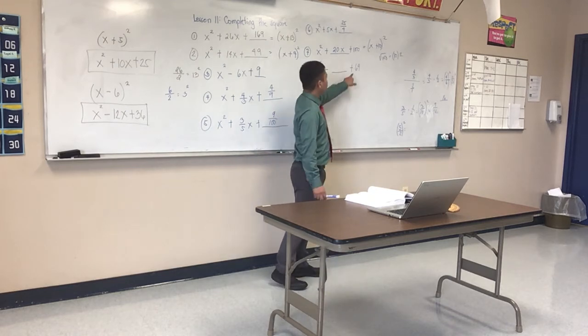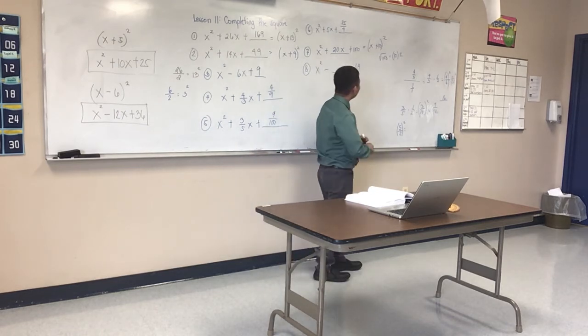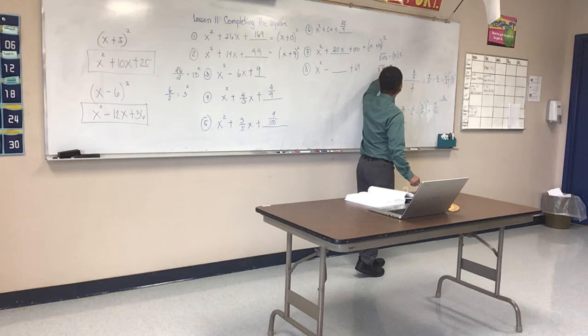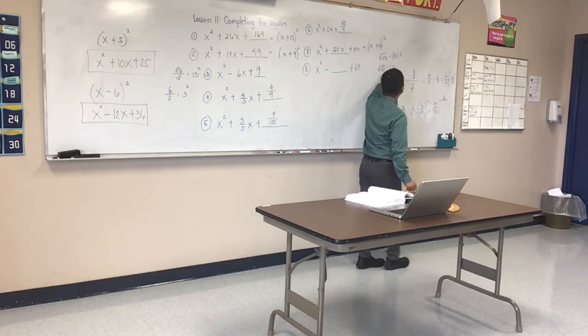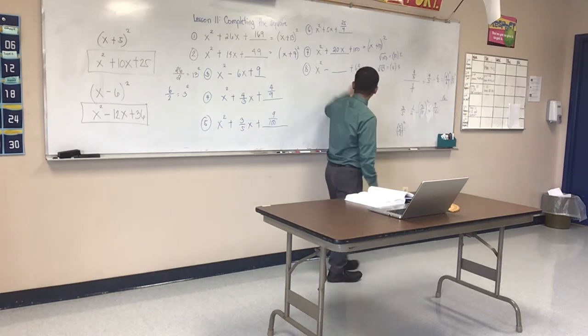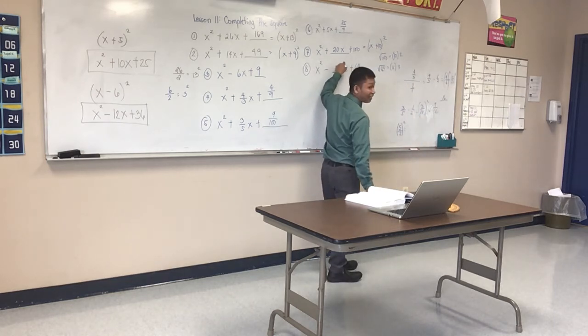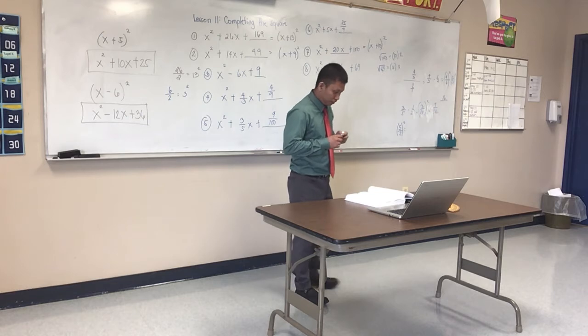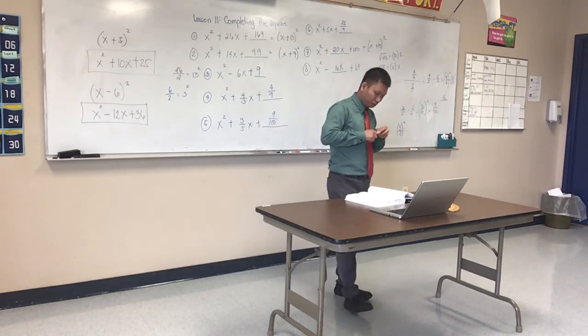What's the square root of 64? 8. We have 8, then multiplied by 2. So the answer is 16. 16x. Yep.